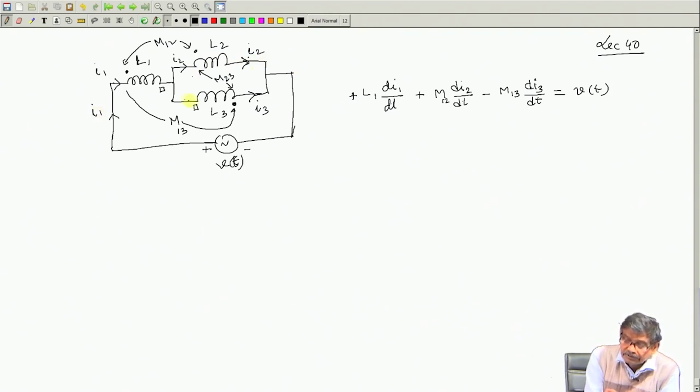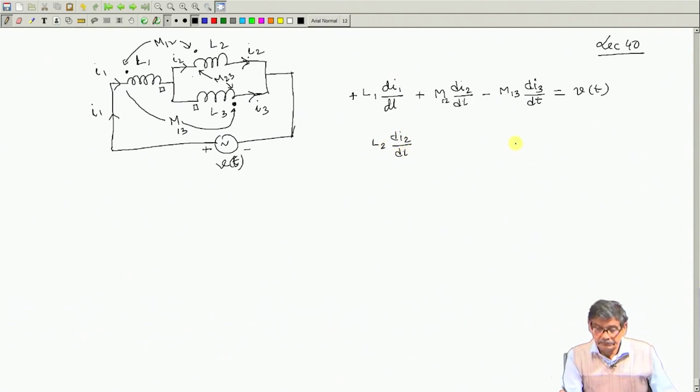In this loop, you can start from anywhere. For example, here in this loop, it will be L2 dI2/dt. L1 dI1/dt I have taken, M12 dI2/dt I have taken, then M13 dI3/dt.